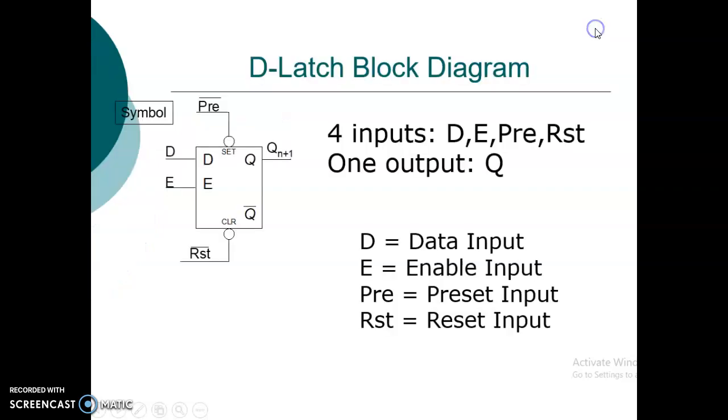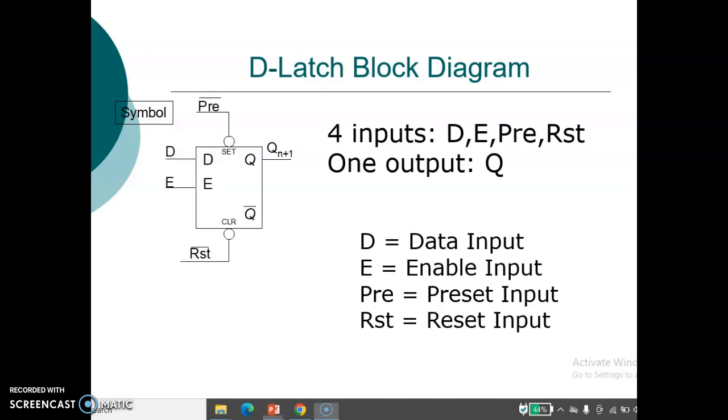Then latches. We see the D latch block diagram. This is the D latch symbol.